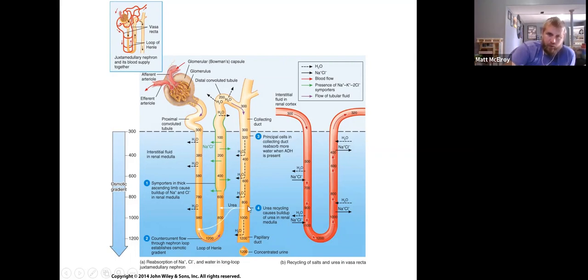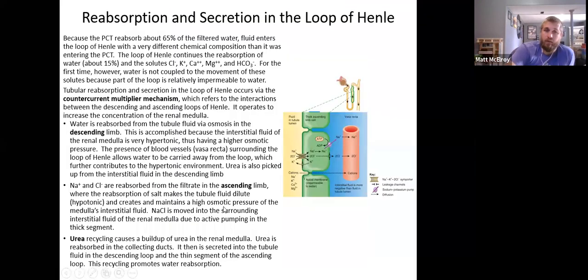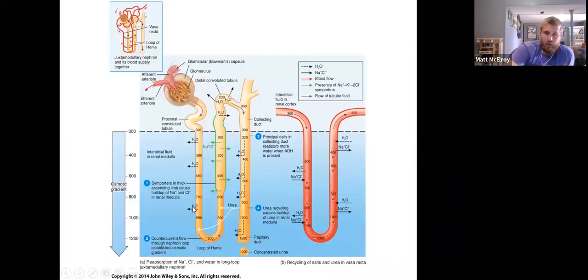At this point, we pull the urea back out of the collecting duct into the interstitial space where it's then picked up. So we call this urea recycling. We're reabsorbing it in the collecting ducts. We secrete it in the tubular fluid in the descending loop and the thin segment of the ascending loop, which is done because it promotes that water reabsorption, kind of like what the salt did.